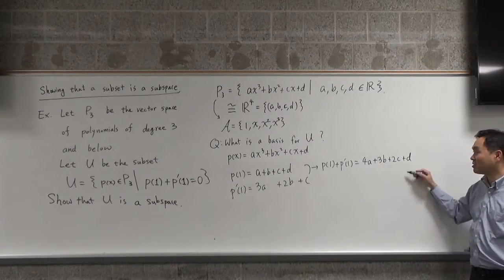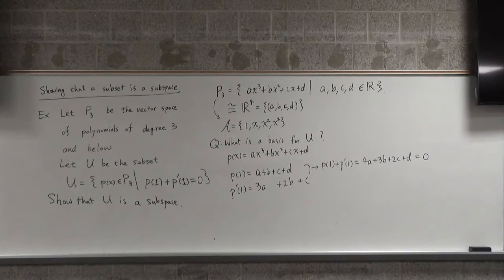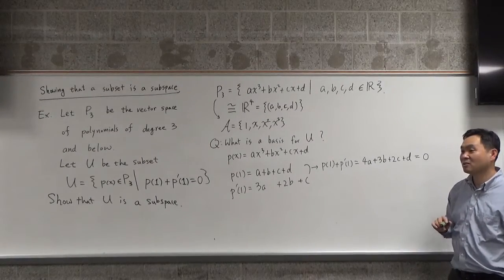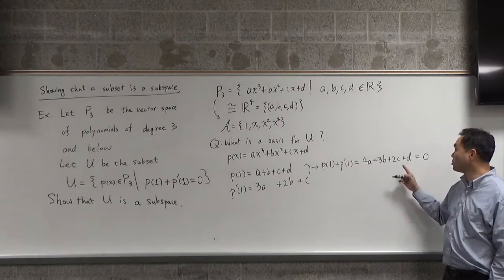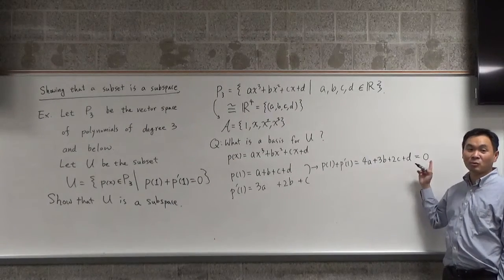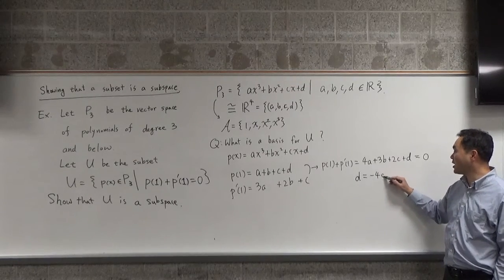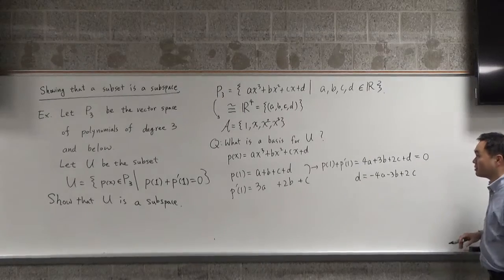And we are saying that this has to be 0. Oh, that's nice. That gives you a condition for this space. Since this already has to be true, you can think of this as an equation for d, and say d must equal negative 4a minus 3b minus 2c.